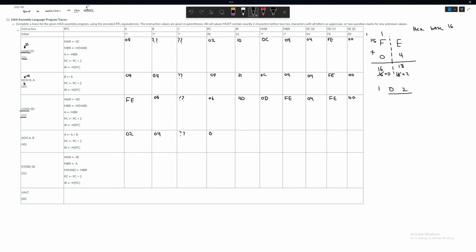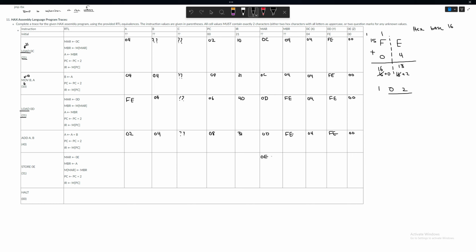Anyways, C stays the same. PC increments to 8, and IR goes to 31. My MAR stays the same. My MBR stays the same, and everything else stays the same. All right. Now what we gotta do is MAR gets 0, 2, so 0E goes to MAR, which is here, right?